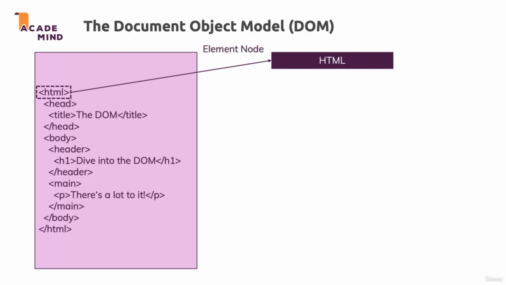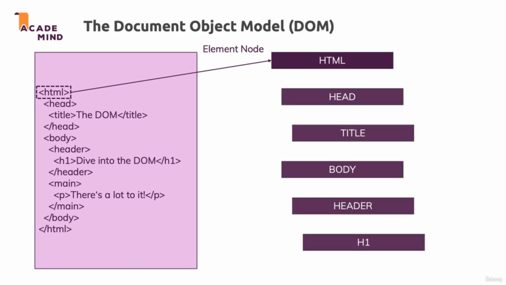And this is an element node, to be precise, because these objects are simply called nodes, and this one represents an HTML element, an HTML tag, and therefore it's called an element node. And such element nodes are created for all the HTML elements you see on the left. Now on the right side, the main and paragraph node is missing because the slide isn't big enough for that, but you get the idea.